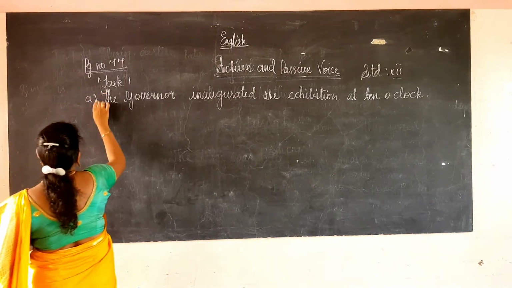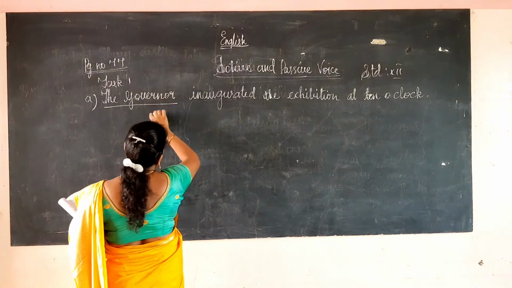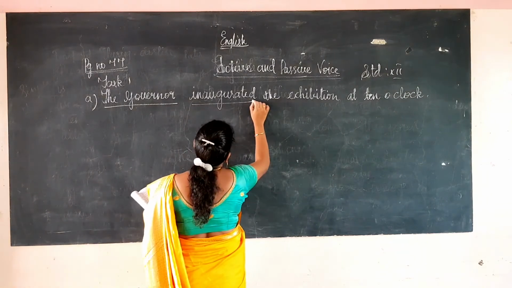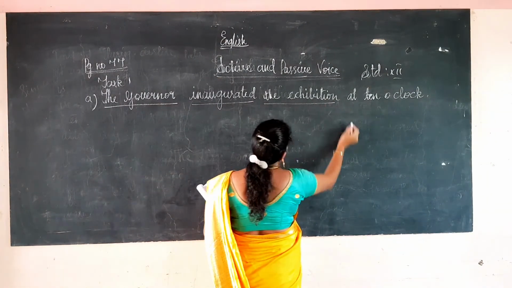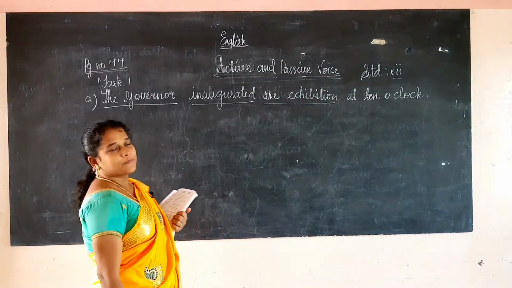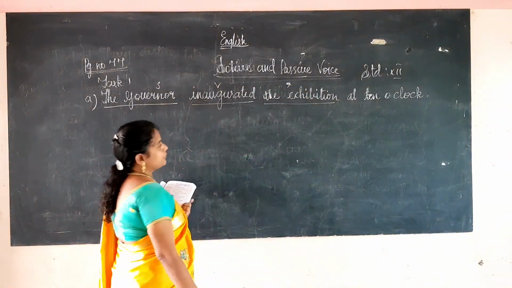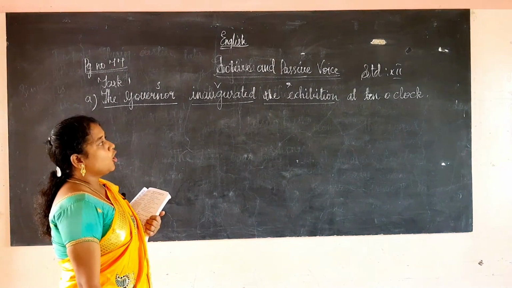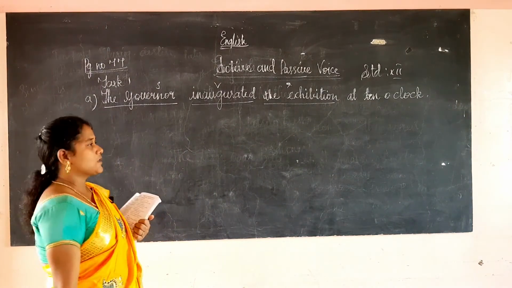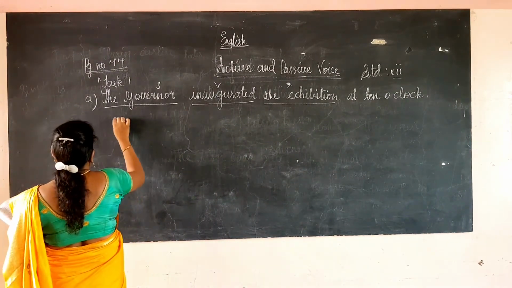So, the first thing we have to find is which is the subject, the governor. Inaugurated is a verb, the exhibition is an object. So, this is a subject, this is a verb and this is an object. First thing, we have to bring the object in the place of the subject. So, the exhibition.